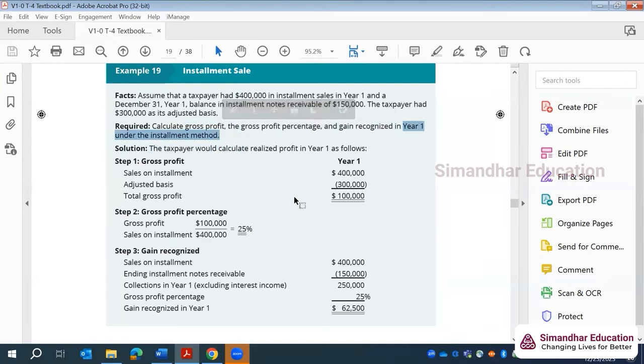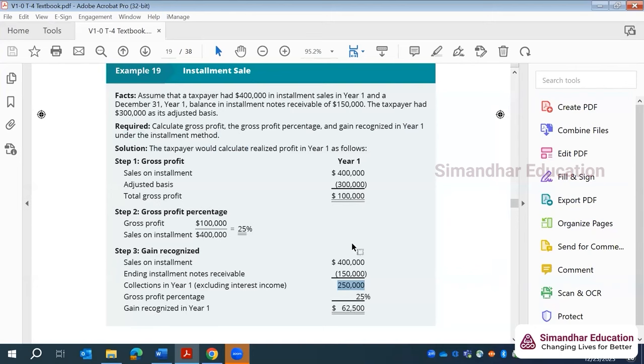So what is the installment amount that we have received in year one? We've already determined that if our ending balance is $150,000, we have already received $250,000 of installment amount. So on this amount, we will take 25% and we will recognize a gain of $62,500.